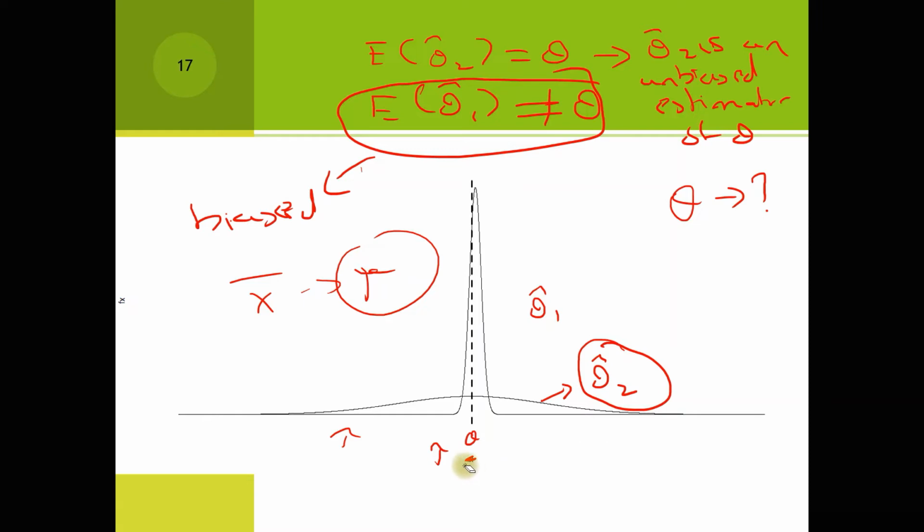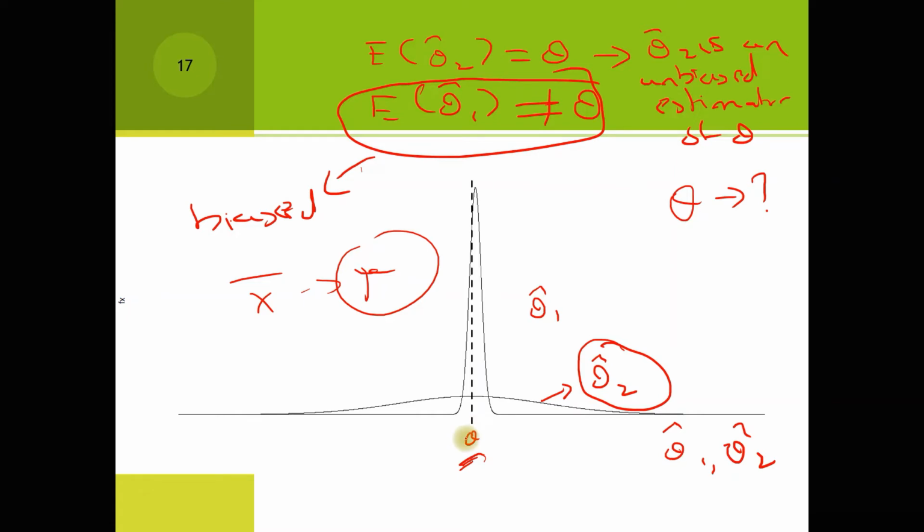So, in other words, it's the same thing that I'm talking about here when we talk about theta cap 1 and theta cap 2. You have a scale of theta cap 1 and theta cap 2 here on x. In a real situation, you won't take all these different possible values of theta cap 1 and theta cap 2. You will take only one possible value of them. And that only one possible value from theta cap 2.